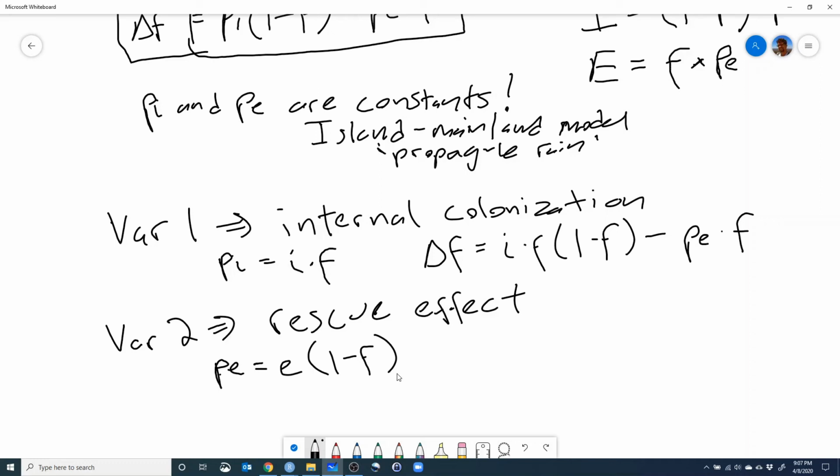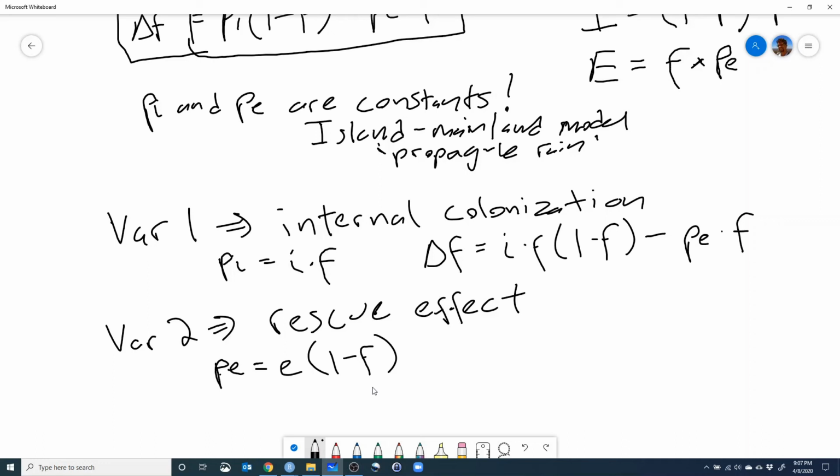The more unoccupied the metapopulation is, the higher the extinction rate, right? And when the metapopulation is completely occupied, when f approaches 100%, or 1, then there is no extinction risk in this model. Now, that's not super realistic, but that's the simple rescue effect model.